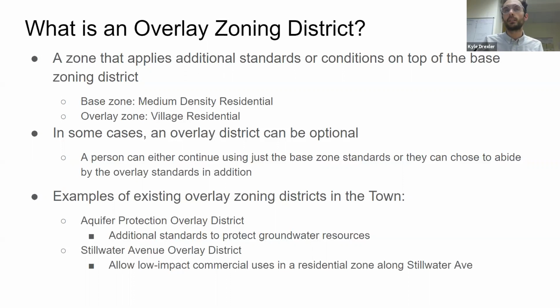Along Stillwater Ave, there's a stretch where the base zone is low density residential, but there's an overlay there that allows for certain commercial uses because of the kind of traffic and scale of Stillwater Ave. It allows some low impact commercial uses to take place, even though it's primarily a residential area.